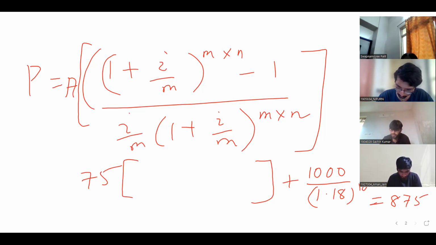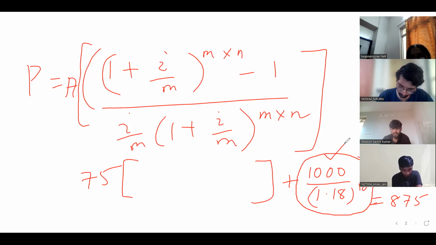Ma'am, the second formula is the future value one, no? Second formula means this one. You're talking about this one. Sachin, who asked that?